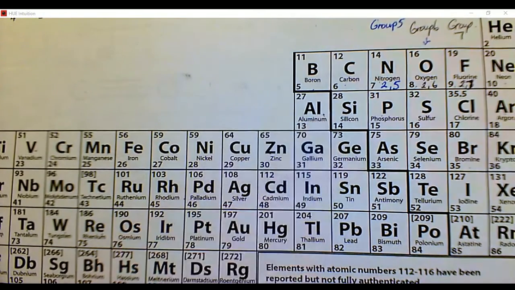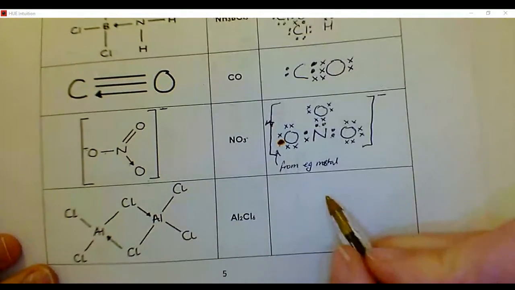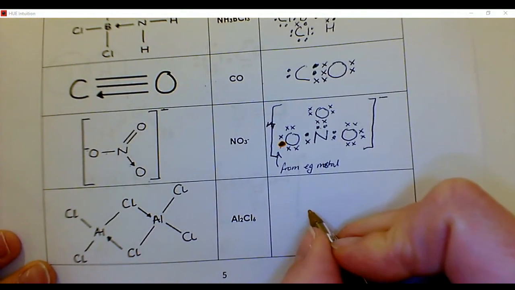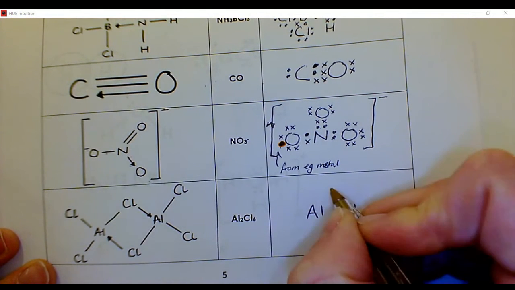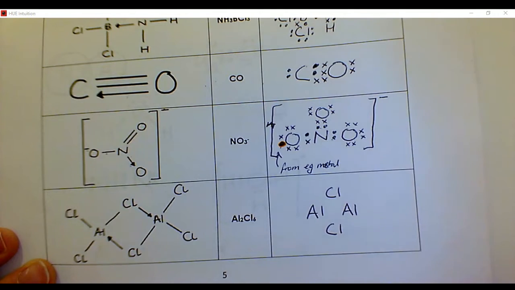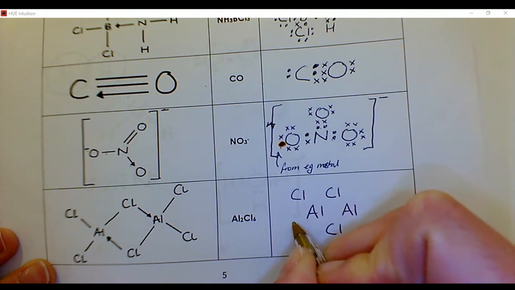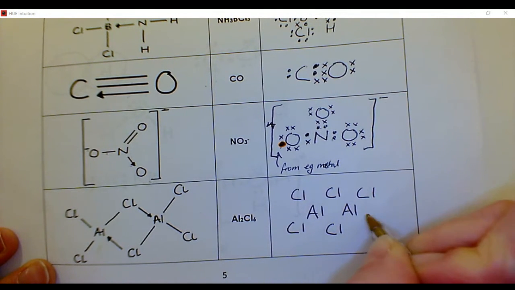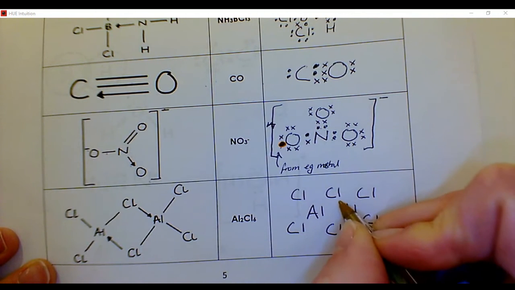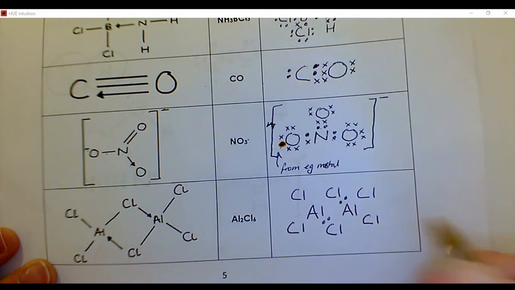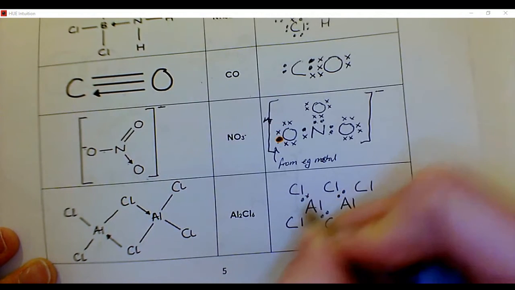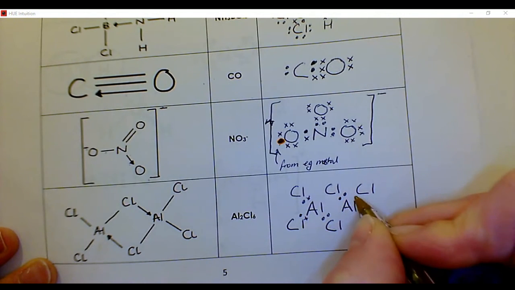So watch for that. Okay, so I'm going to put these in first. There's a Cl on top. They're the ones that are coordinate bonds, and then Cl. So there's a coordinate bond here and a coordinate bond here, and then there's regular bonds.